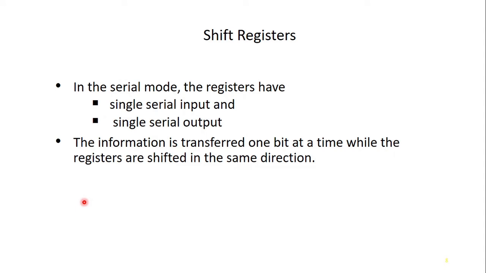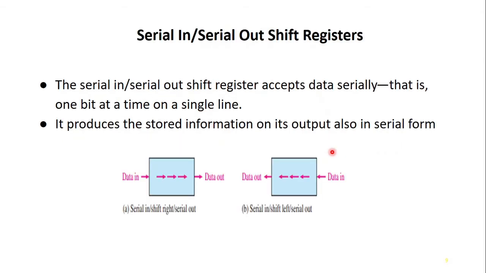In serial mode, the registers have a single serial input and single serial output. The information is transferred one bit at a time while the registers are shifted in the same direction. The serial in, serial out shift register accepts data serially, that is one bit at a time on a single line, and it produces stored information on its output also in serial form.